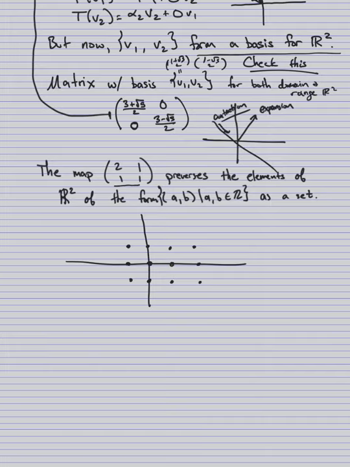So therefore, if I take any point here, which looks like (A, B), where A and B are in Z, so I don't know, I drew the point (4, 1), well, this goes to the point (2A + B, A + B), right? And therefore these are also in the integers, okay?